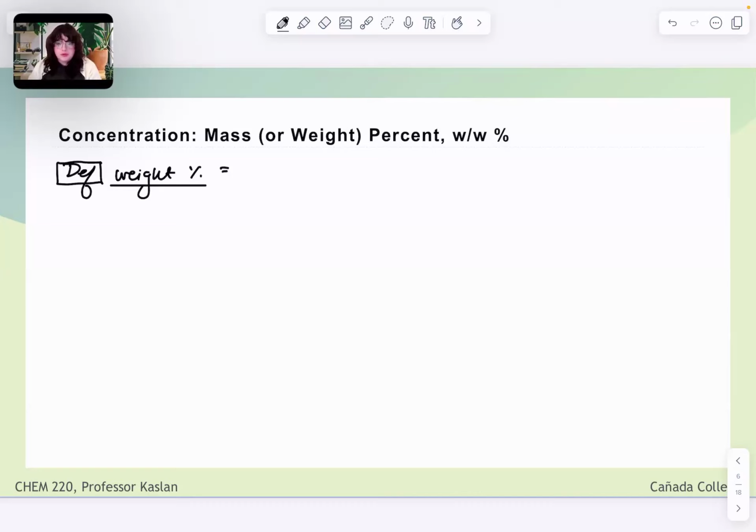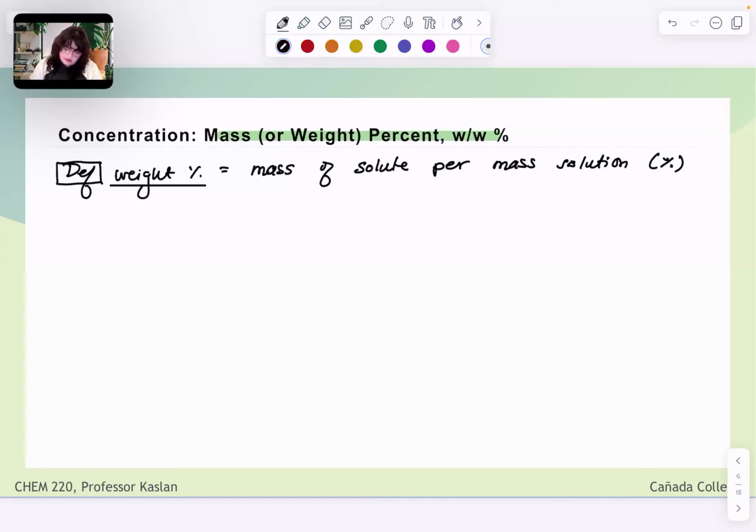So if we are looking at mass percent, then we are looking at mass of solute, when talking about solutions, over the total mass of the solution times 100%. This is our basic definition of a mass percent, weight percent.